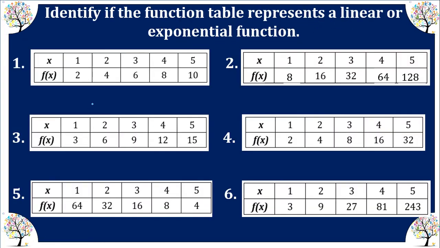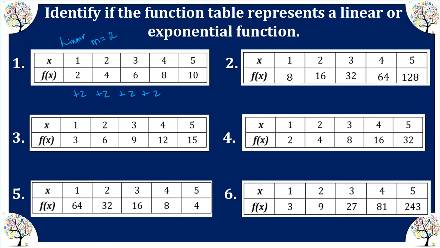Okay, let's take a look at a few of these and determine if each is linear or exponential. Again, we're just comparing outputs. I'm going from 2 to 4 to 6 to 8 to 10. I can see that I'm adding 2 every time, so this is going to be linear, and this would be my slope. I would have a slope of 2.